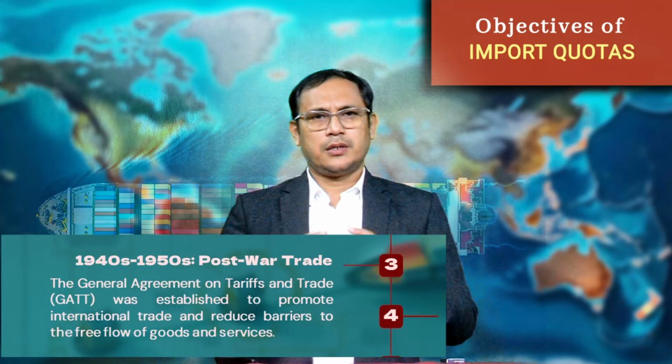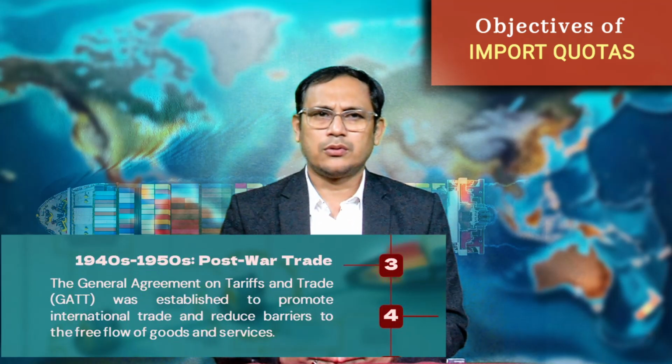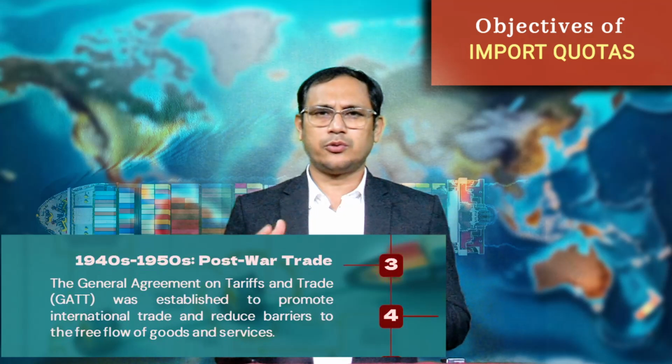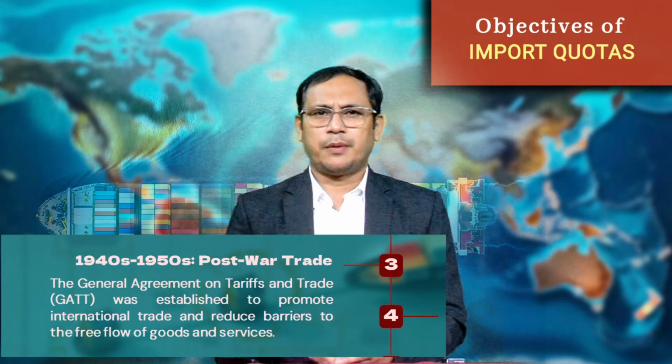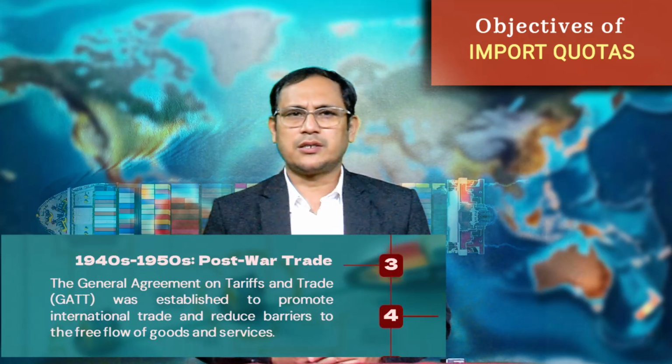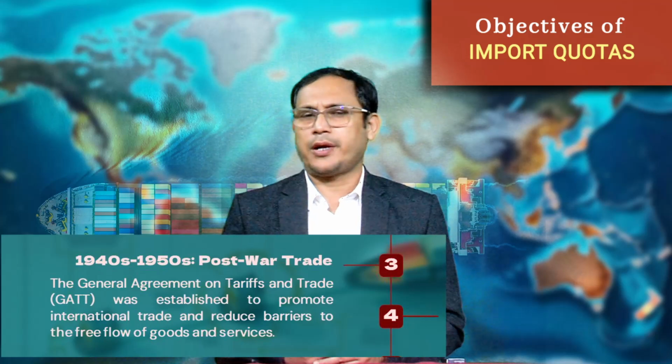So there are two trends. One, although trade started to grow, many countries still maintained import quotas as part of their trade policy. But at the same time, the international community also recognized the potential negative effect of protectionist measures.